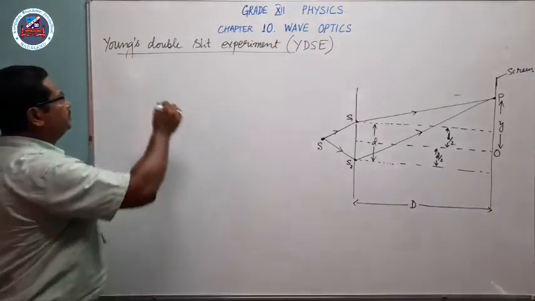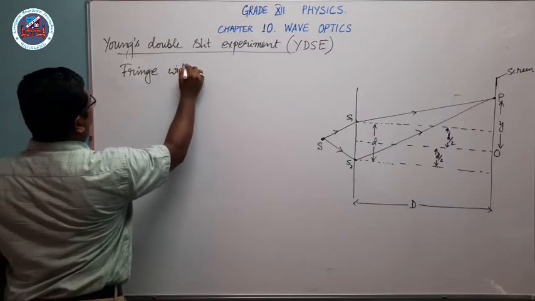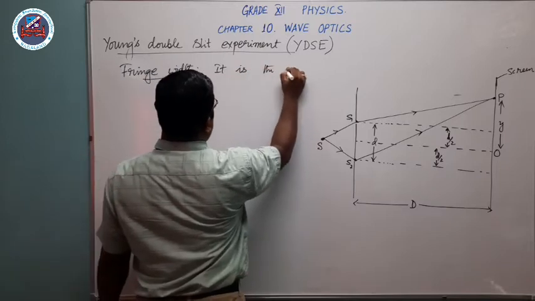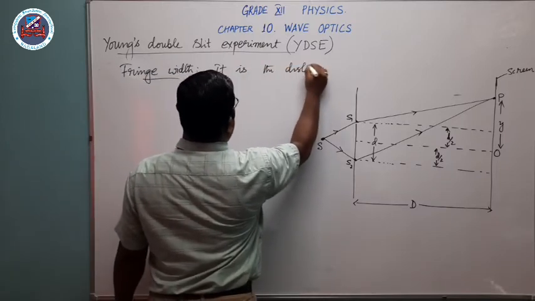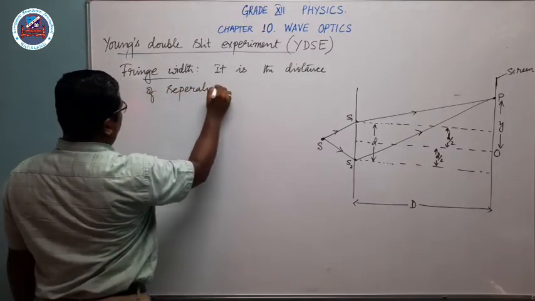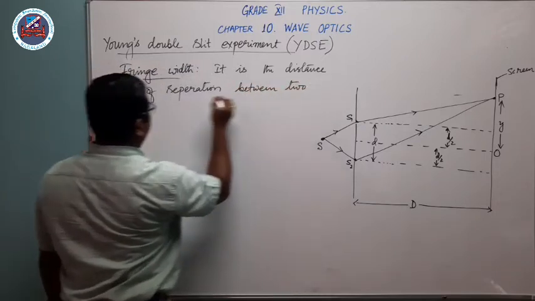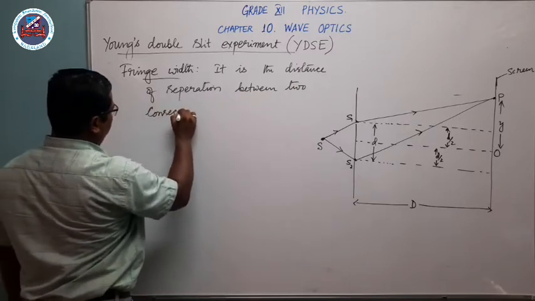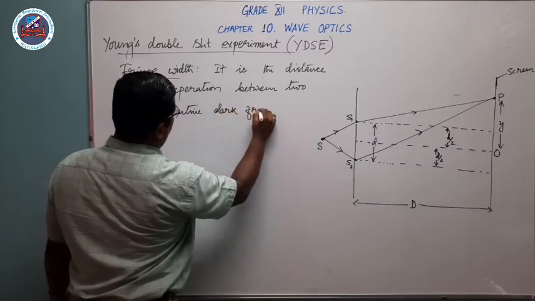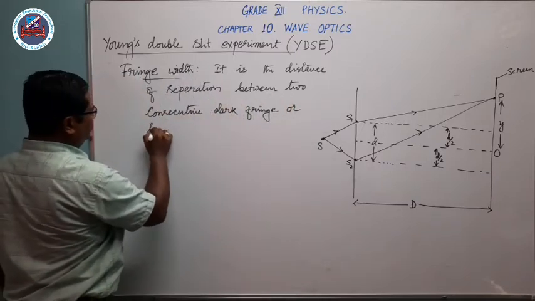Now let us see about the fringe width. It is the distance of separation between two consecutive dark fringes or two consecutive bright fringes.